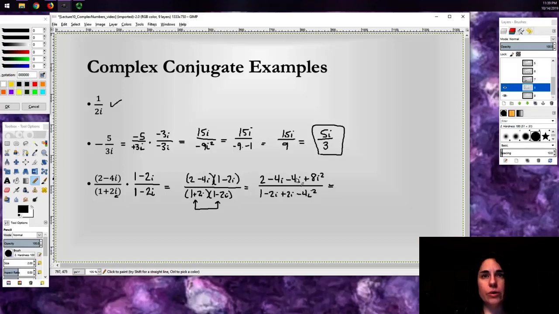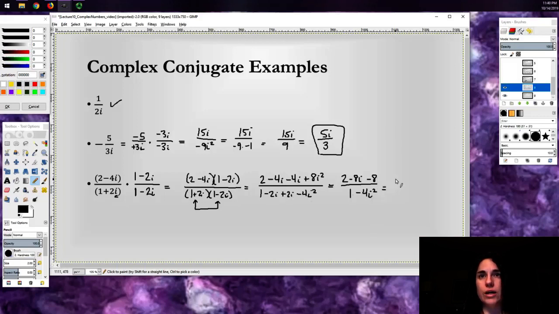I'm going to simplify one more step here. So 2 minus 8i, I'm going to remember that i squared is negative 1, so minus 8. And on the bottom, I get 1 minus 4i squared.